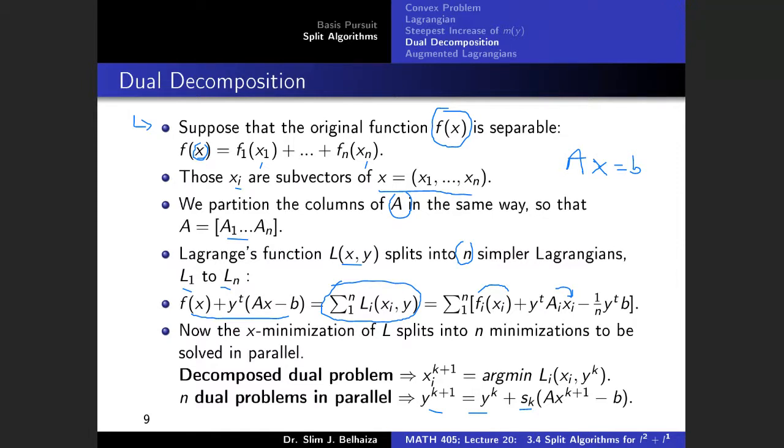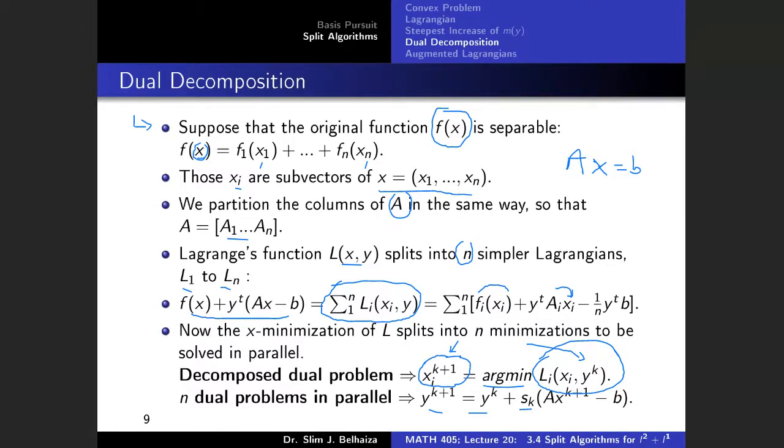So the two steps of the dual decomposition algorithm: first, you find xi at iteration k plus 1, which is the argmin, the one that minimizes the corresponding partial Lagrangian Li. Of course, you should enter here with a prefixed y^k initially. I will show you in the next example.